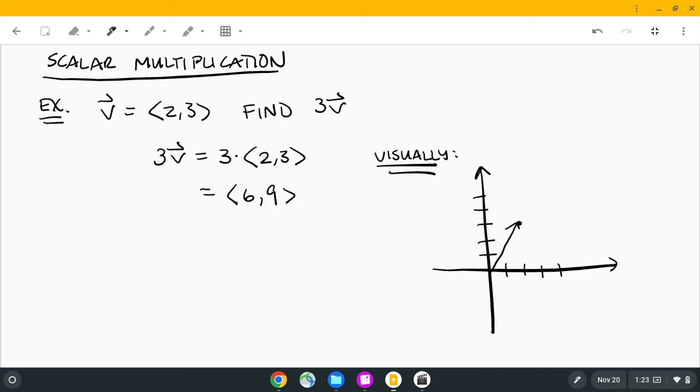And then 3 times vector v is at 6, 9. 6. 1, 2, 3, 4, 5, 6. 1, 2, 3, 4, 5, 6, 7, 8, 9. So all the way up here. Okay. And what we end up seeing here, this is your 3 times v vector, is exactly that. We see this longer vector, which is actually 3 of these vector v's.